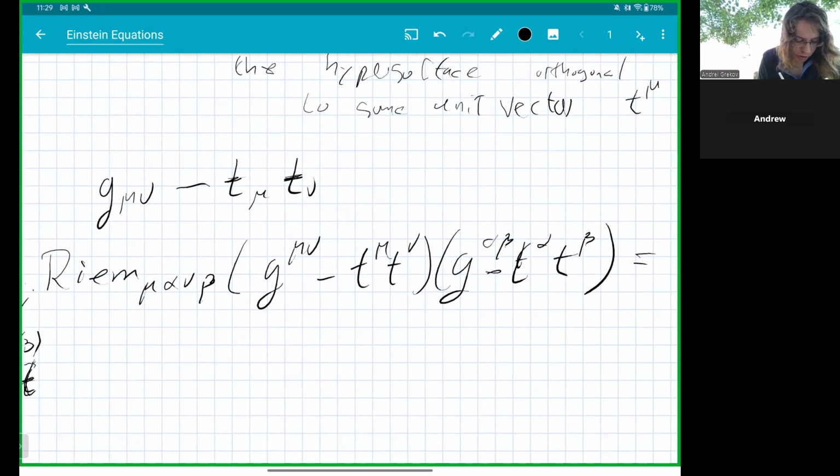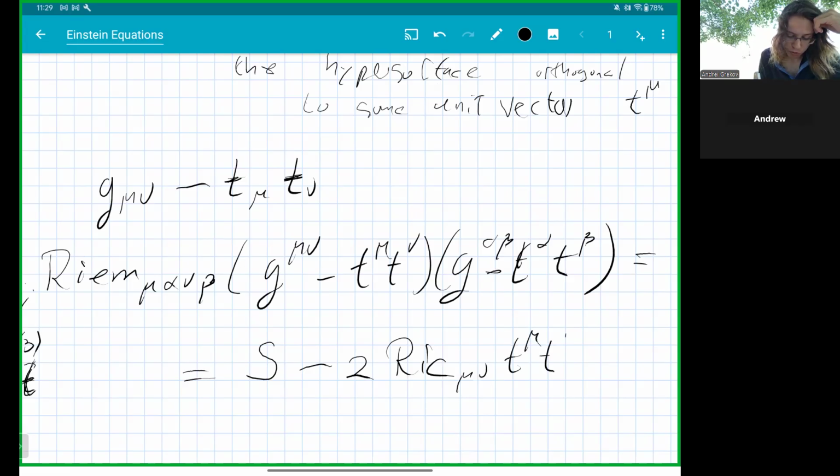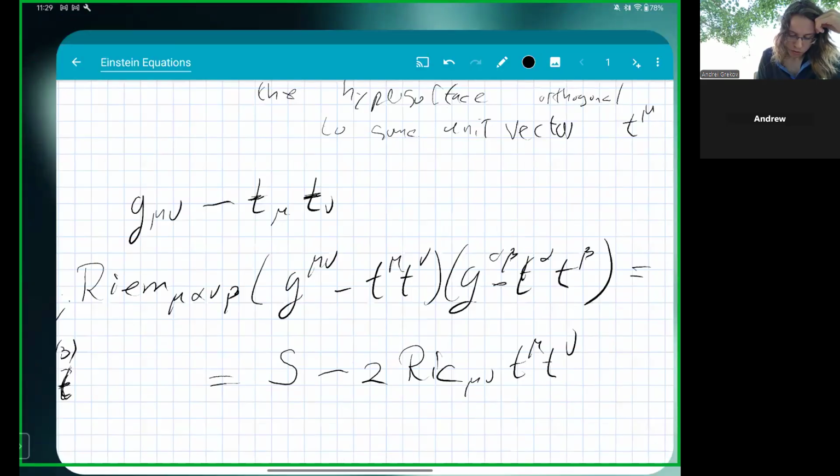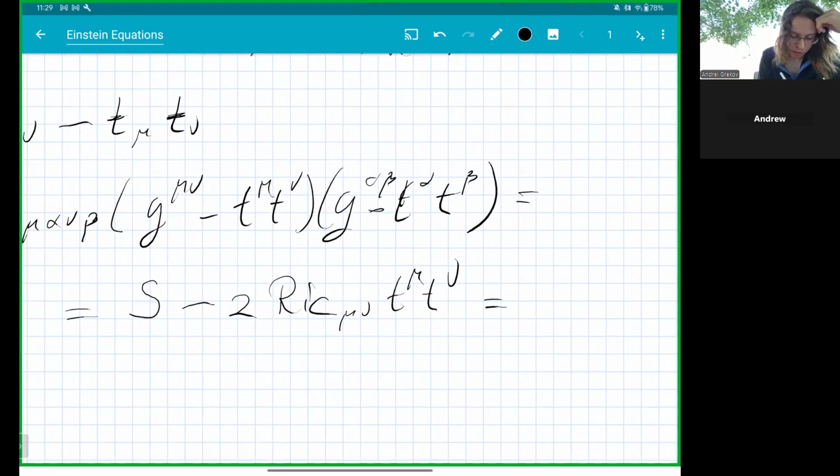At the same time, if you make the calculation, what you'll get is, we could do it right now, the scalar curvature minus 2 Ricci curvature R mu nu T mu T nu. So that's precisely minus 2 G mu nu T mu T nu.